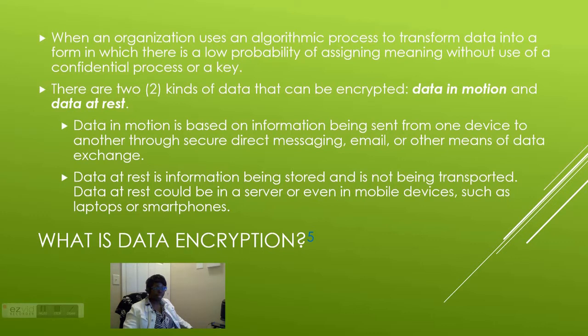Data in motion is when information is being sent from one individual or device to another through secure direct messaging, email, or other means of data exchange. Unencrypted data could be intercepted as it is traveling from one location to the next. Data at rest is information being stored and is not being transported. Data at rest could be on a server or even on mobile devices such as laptops or smartphones.